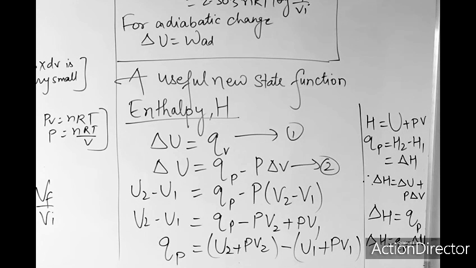By substituting the value, you have got delta H is equal to delta U plus delta NG RT. What is this NG? NG refers to the number of moles of gaseous products minus reactants. You have to just remember this thing.